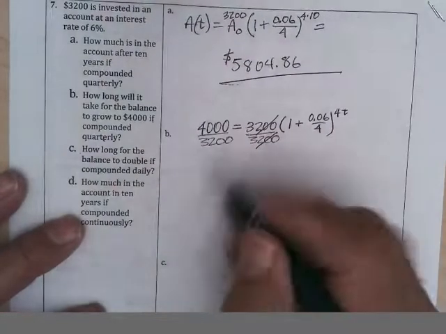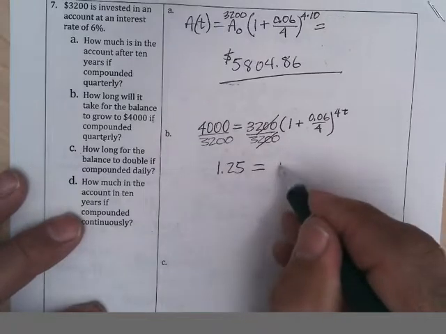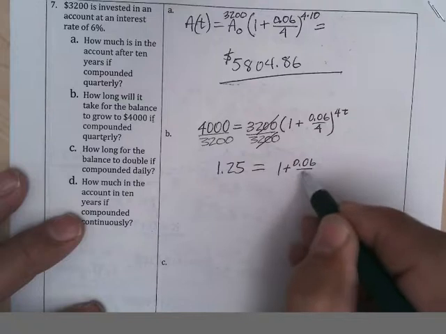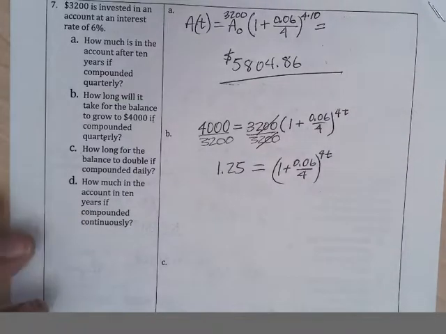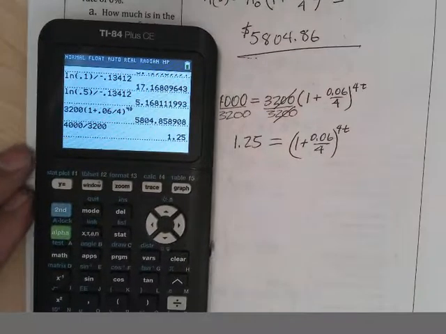So we've got 1.25 equals 1 plus 0.06 over 4 to the 4t. I'll do this one by graphing just to remind you that you can do this.